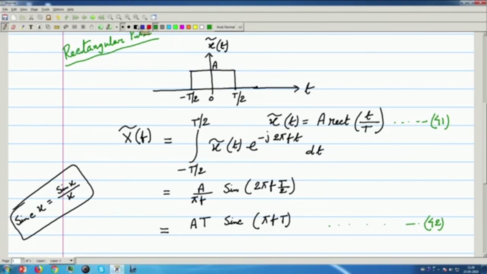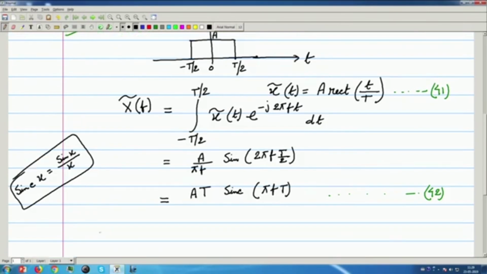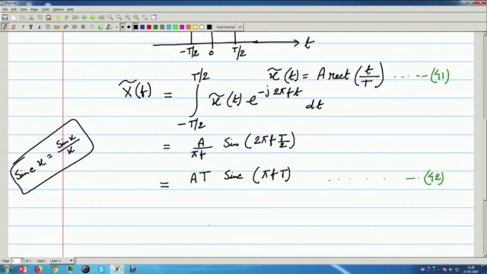Then let us see. I am going to find the ambiguity function. So, that is our equation 40.